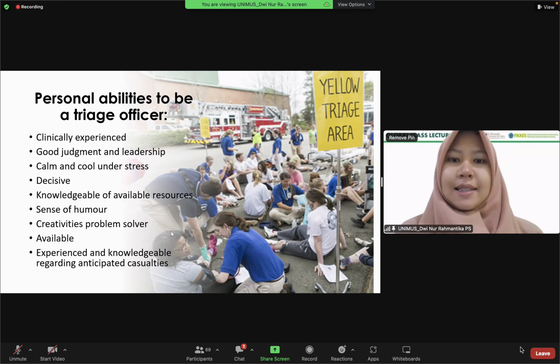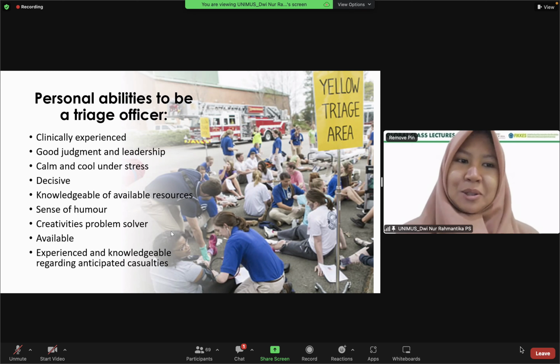Because it is a mass casualty situation, or we face a disaster, we face a large number of sick people. Not only the knowledge that we need here or management, we also need clinical experience, good judgment and leadership, because our target is that the greatest number of people get treatment.